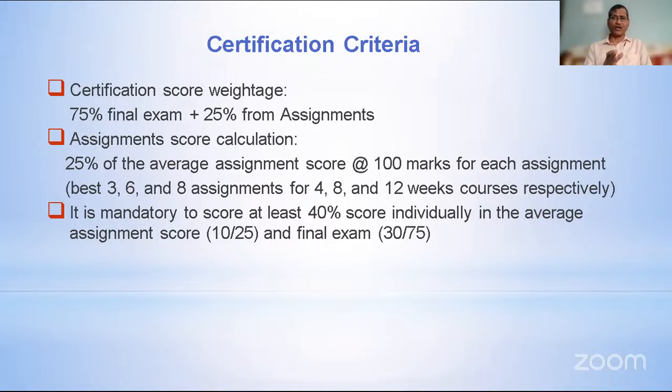If you have submitted only 4, the score out of 400 will be considered as a score out of 600, and accordingly your average assignment score will fall. But if this falls below 40, then even if you write the examination, you will not be given a certificate. All right. So here you should get 40%.